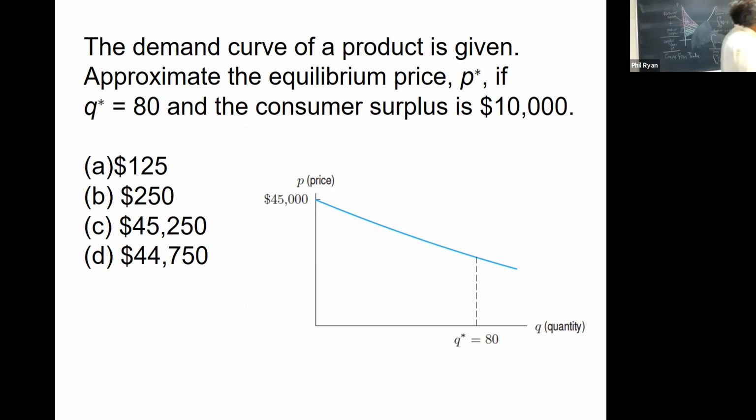Okay, so here is the demand curve. Approximate the equilibrium price if the equilibrium quantity Q star is 80 and the consumer surplus is $10,000.